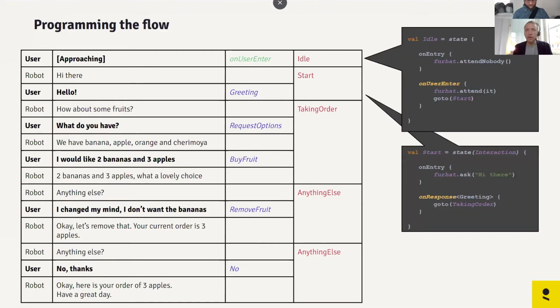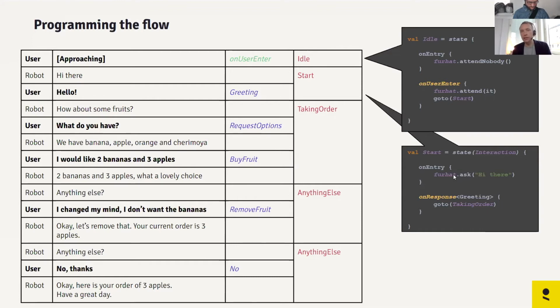Okay, so how do you define this? Once we have reached this point, how do you actually implement it in Kotlin? And here's where this domain-specific language that I was talking about comes into play. So you define a state here like idle state with this construct. So you say this is a state, and then you have these triggers. So the on entry, when we go to the idle state, we want Furhat to attend nobody, but then we have this trigger on user enter, which says that Furhat should attend it, which is the user that entered, and go to start.